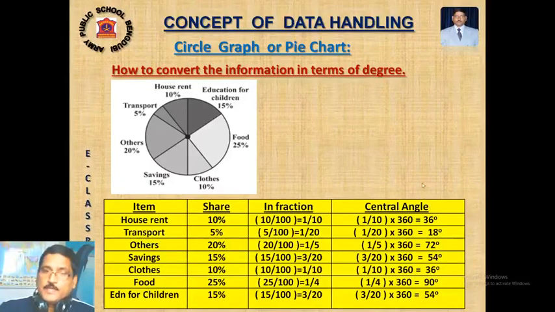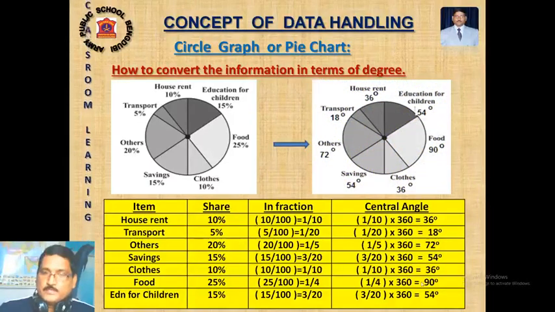Then the same type of pie chart I will draw, just changing the information in terms of degree. Earlier it was 10%, so now 10% will be equal to 36 degree. So how will you do it? Draw a radius, place your protractor and construct 36 degree. Again make it a baseline, place your protractor, make 18 degree.